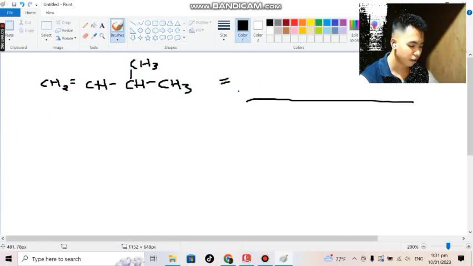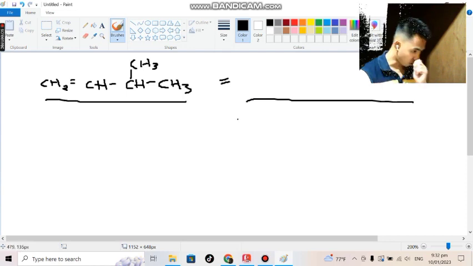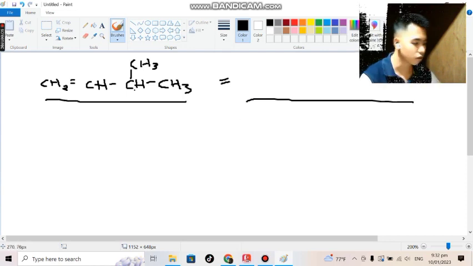So for our number one, we have this chemical structure here. The structure that we have here is an alkene. We are tasked to name this structure, and the first step to name this alkene is to count how many carbons there are in the parent chain.